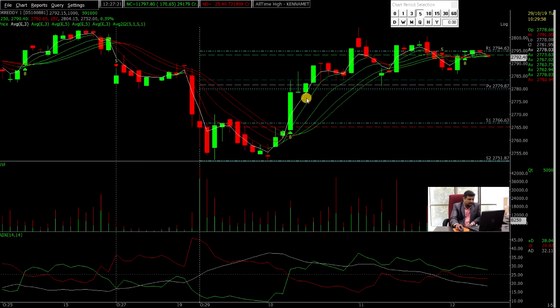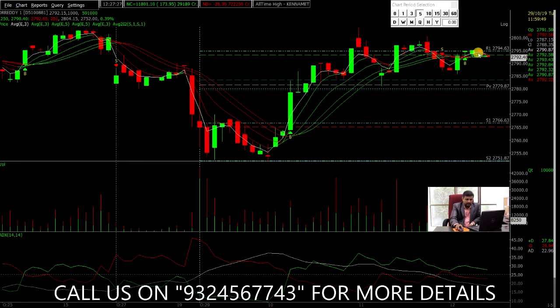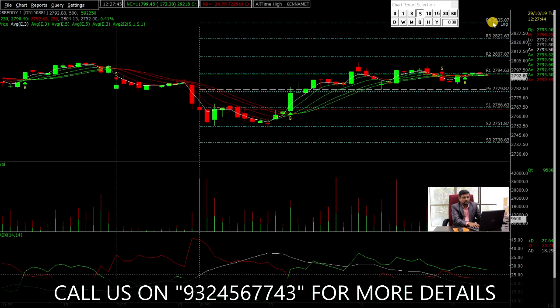There are 3 exit signals which have been given by the software, so people can book profit over there, and people who are more aggressive buyers can trade above R1 to R2 also and till R4 also. So that kind of a mechanism is also there in the software. The software will give you all these levels automated on the chart.